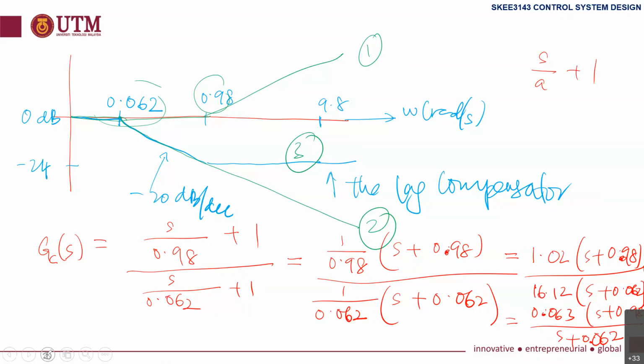If we compare with the original lag compensator, if you go back, you get S plus 1 over T over S plus 1 over beta alpha T. We can always equate to this. That is the transfer function for the lag compensator.